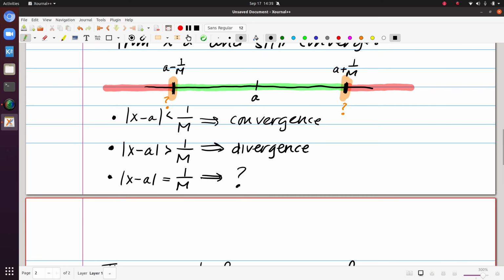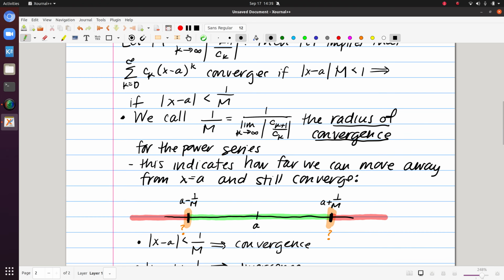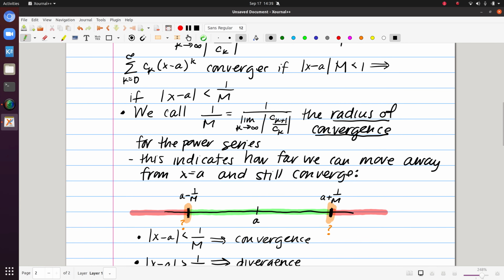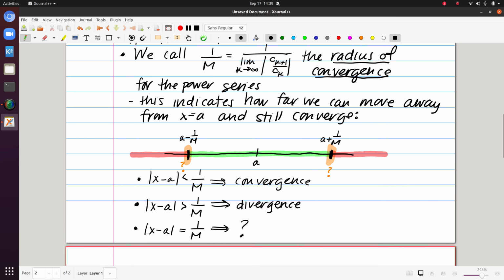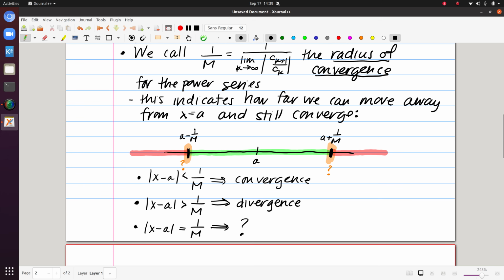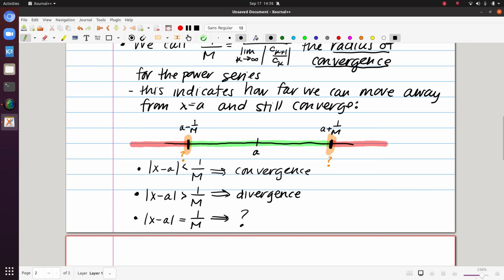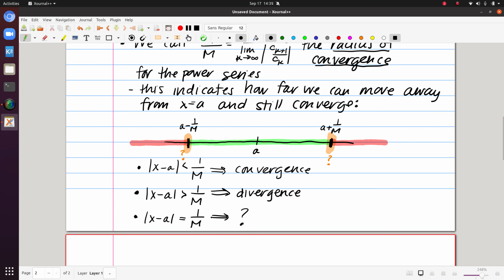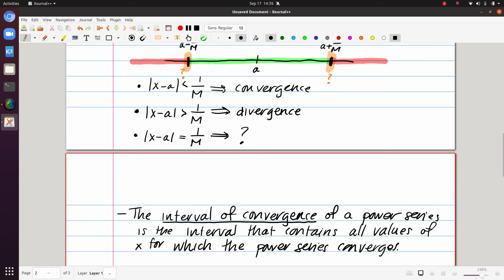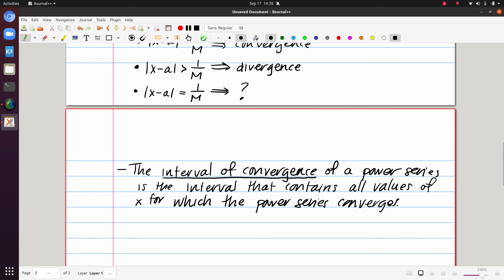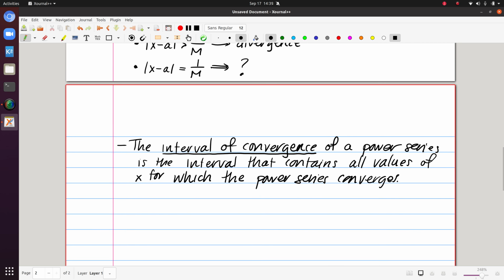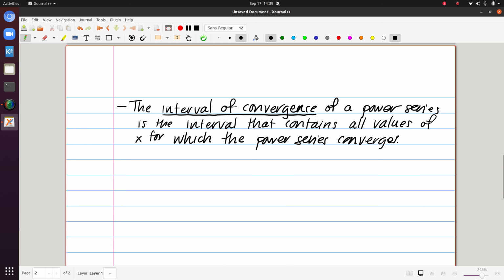What's nice about what we've done so far by looking at just a general power series is that we've done this work that leads to this result, which I can just apply to each power series that I encounter. So we have infinitely many values of x that we could plug into our power series, and from our work above, we can narrow this question down to focusing on at most 2 points that we have to actually check each time I encounter a new power series.